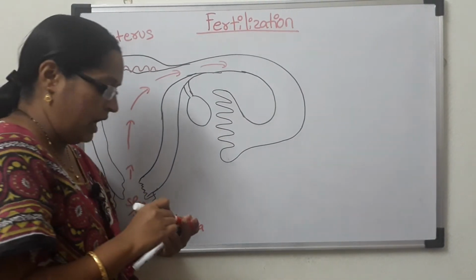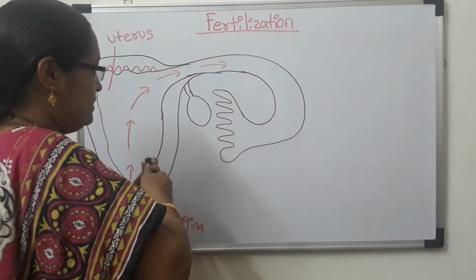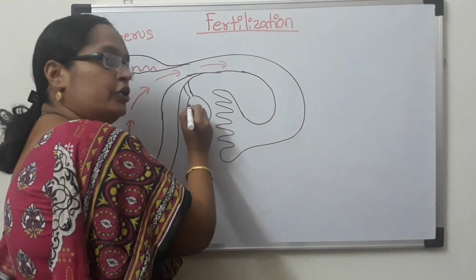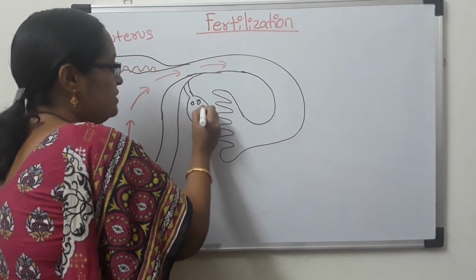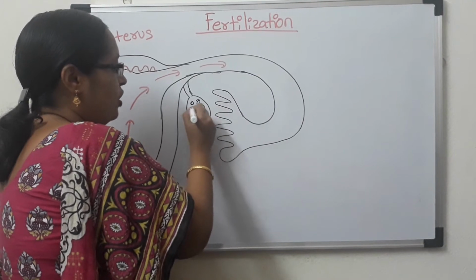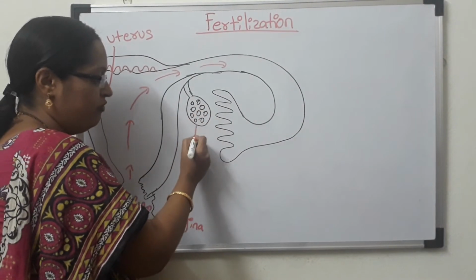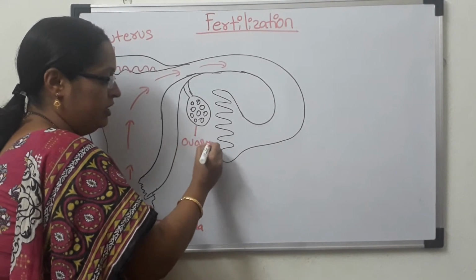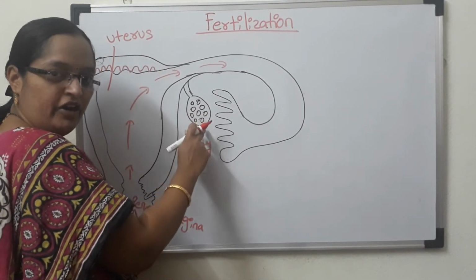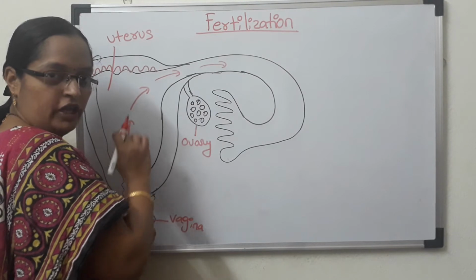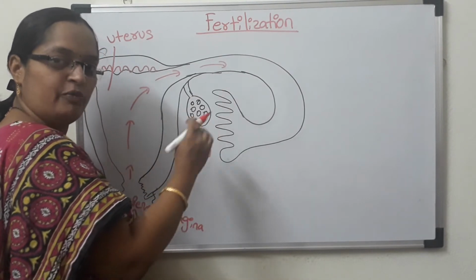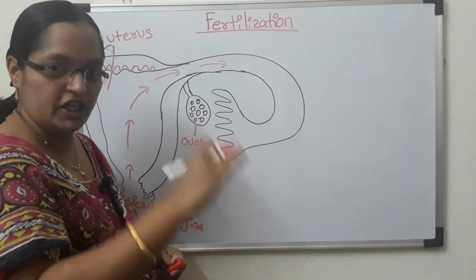During that time, what happens in the female body? I told you already, a number of follicles are present in the ovary. They mature and release the egg. The process of release of egg from the ovary is called ovulation.